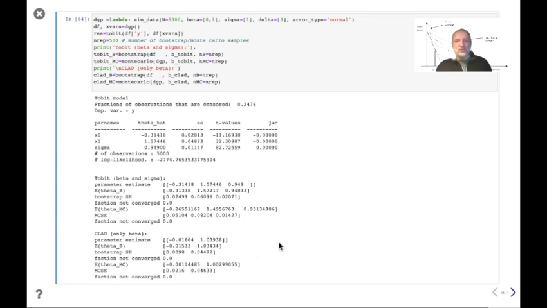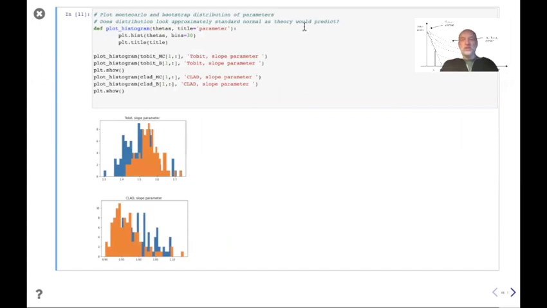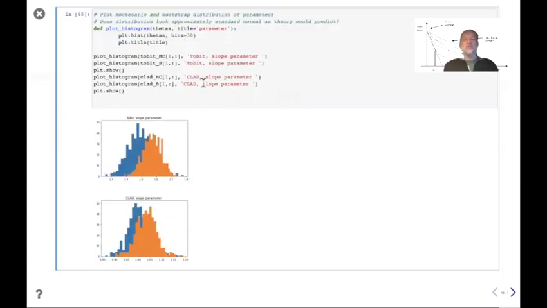And so what I wanted to do is really just to illustrate what you get if you plot the distributions. Just to show you, you got a number for each bootstrap. You've got 500 different estimates. You can plot the distribution of those 500 estimates. And here I've done it for the slope parameter, for the Tobit, and then for the CLAD estimator. This is supposed to be one, right? And here I think the first one, the blue one, is Monte Carlo.